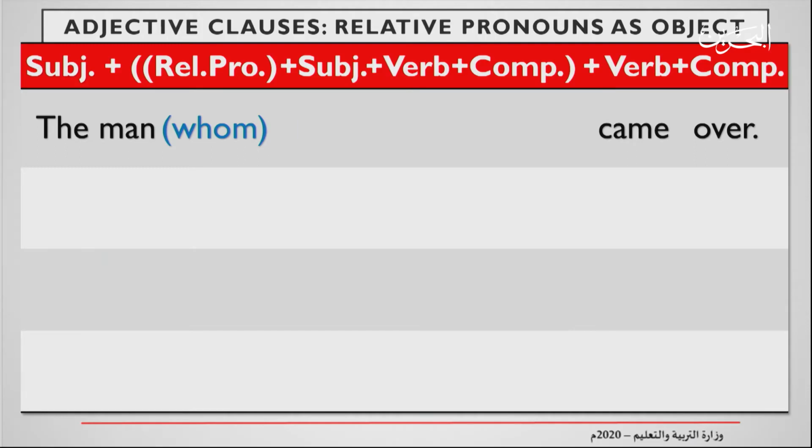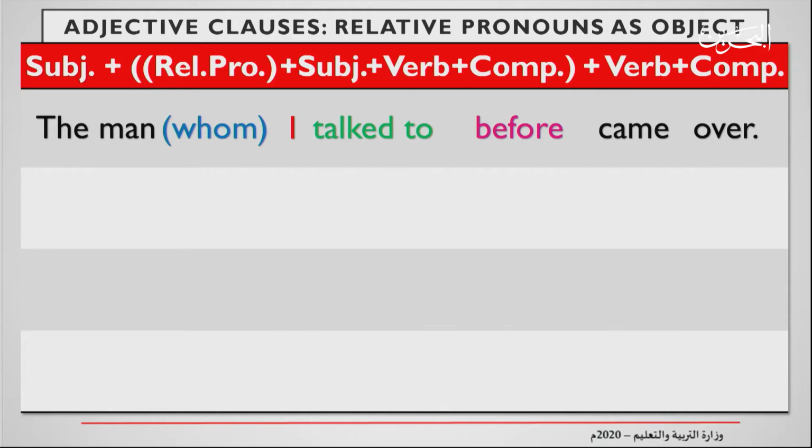Okay, the man whom I have to use a subject here. For example, I say the man whom I talked to. I talked to the man. The man is the object in here. Before came over. The man whom I talked to before came over. You see that whom is between parentheses. It means it is optional.